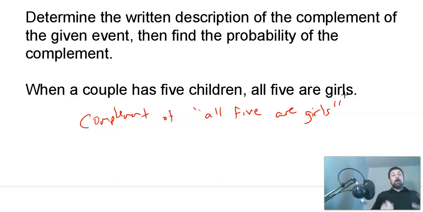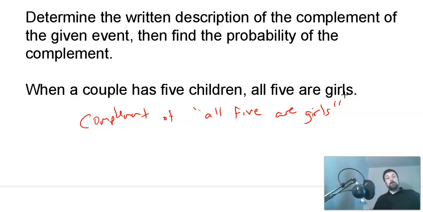So the event of all 5 children being girls, what are all the ways that that does not happen? Well, having no girls is one way for them to not all be girls, but you could also have 4 girls and 1 boy, right? That's also not having all 5 girls. And so that would be part of the complement as well.